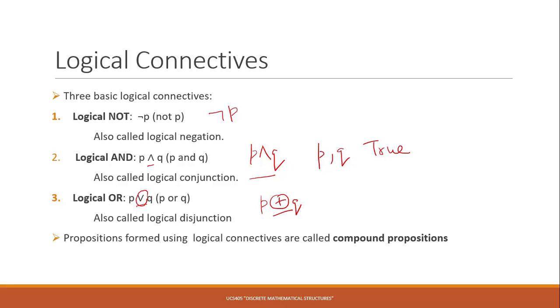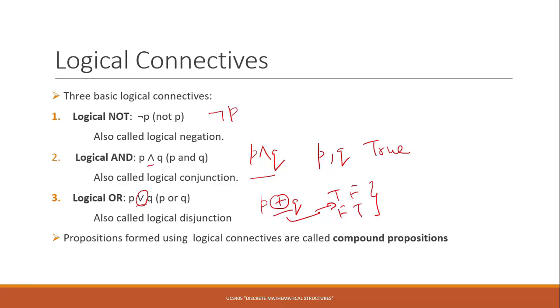In the case of exclusive or, P exclusive or Q is true when P and Q have different truth values. That is, either P is true and Q is false, or P is false and Q is true. Then P exclusive or Q will be true. Otherwise, it will be false, that is, when both are the same.